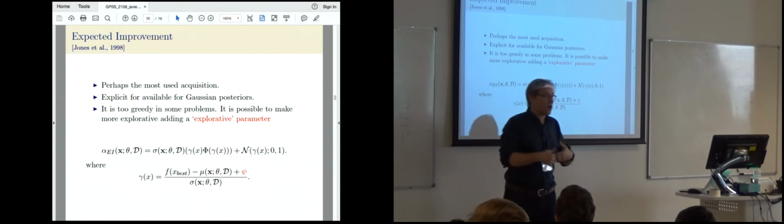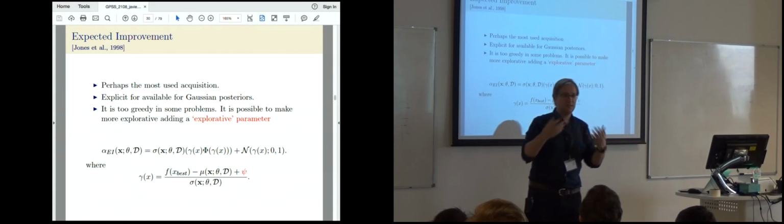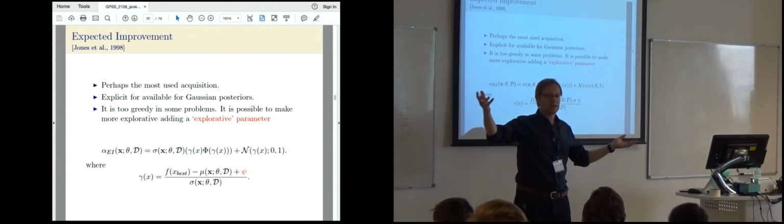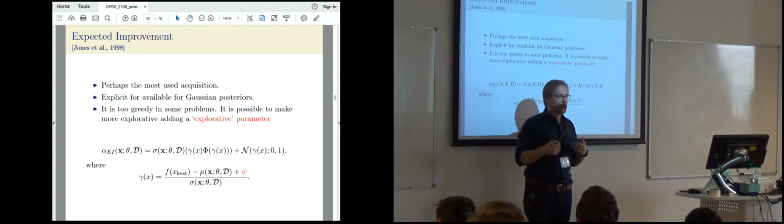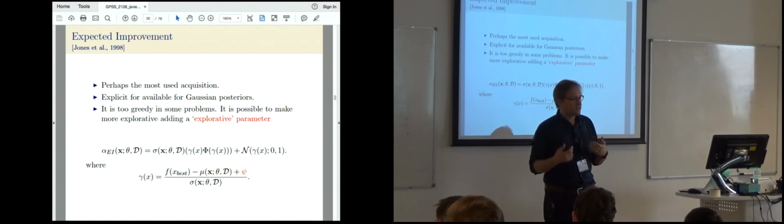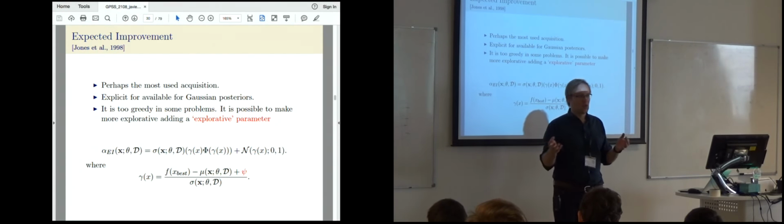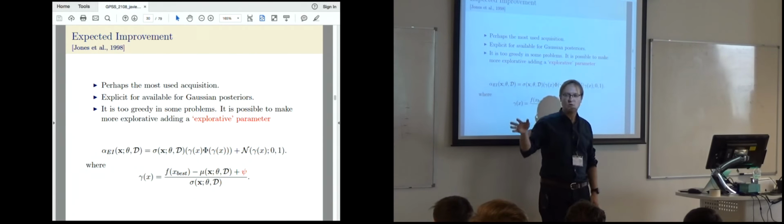And depending on how complicated the problem is, how many local minima you have, how flat, how non-stationary the function is, that's going to require different levels of exploration and exploitation, right? So you may find acquisition functions that work better in a wider class of problems, but you're never going to find the acquisition function that always works the best, right?